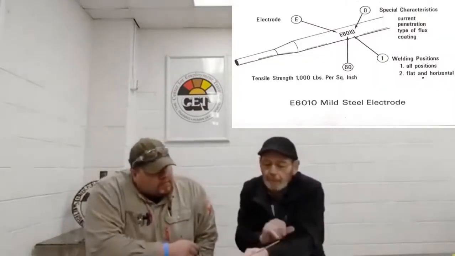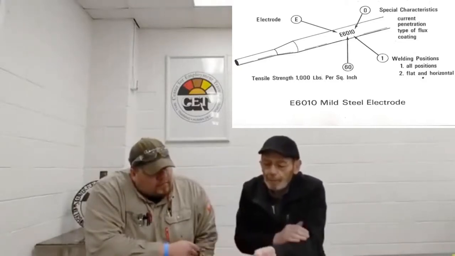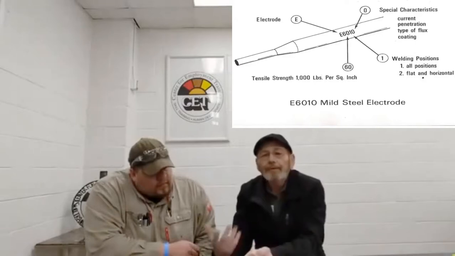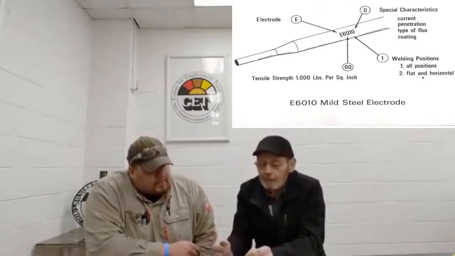Now, we've got a lot of different electrodes, like we said, to do different jobs, and they run in different classifications. You asked me about how they're designated, and we're going to throw up another picture showing the people on screen all the number designations, so you can follow along at home too. But right now, whenever you see the letter E, that always stands for electrode.